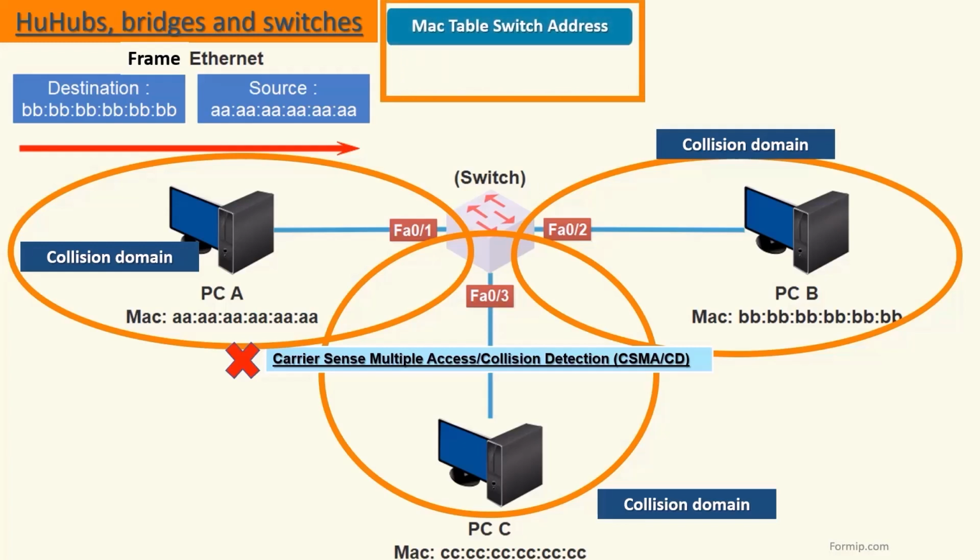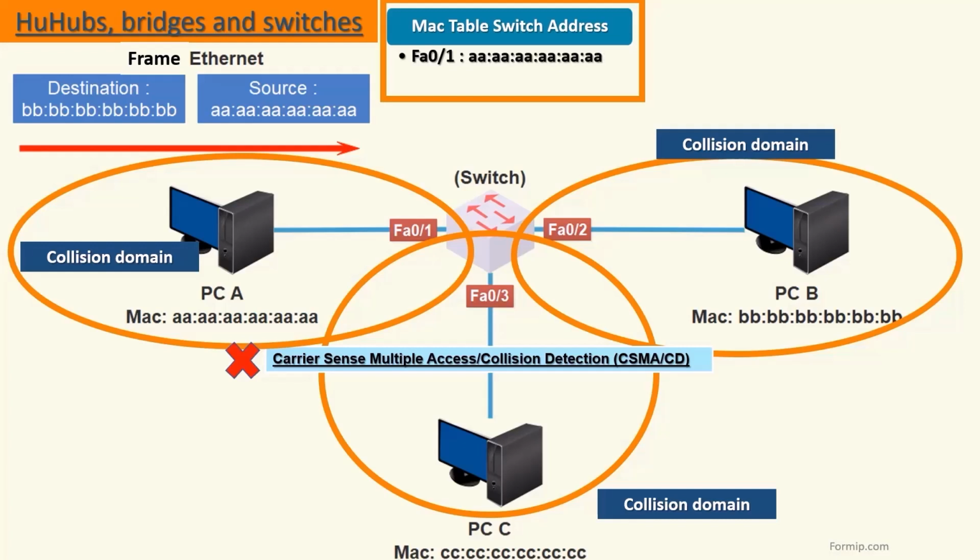The switch builds and manages a MAC address table, which it learns only based on source MAC addresses. For each Ethernet frame it receives, it will learn the MAC address in the source field of the frame, and it will make a relationship with the port number where it is. For example, the switch has just learned that the MAC address of PCA is linked to the FastEthernet 0/1 interface. It will therefore add this information to its MAC address table.